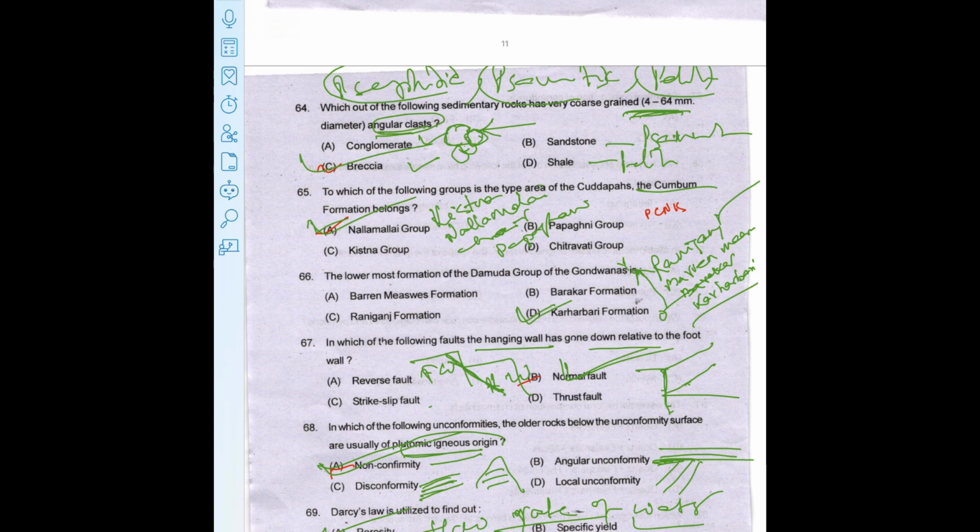What is permeability? Permeability is the property which describes how effectively water passes through a medium. If it is permeable, then it will allow the passage of water through it. A rock body may be porous, but if it is not permeable, it will not allow the passage of water through it.